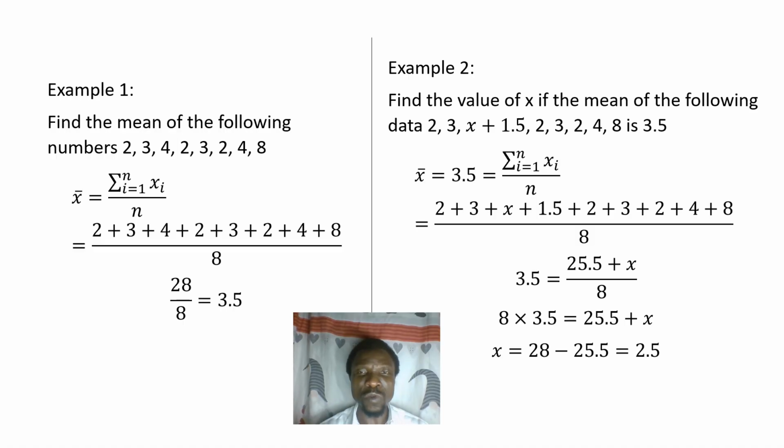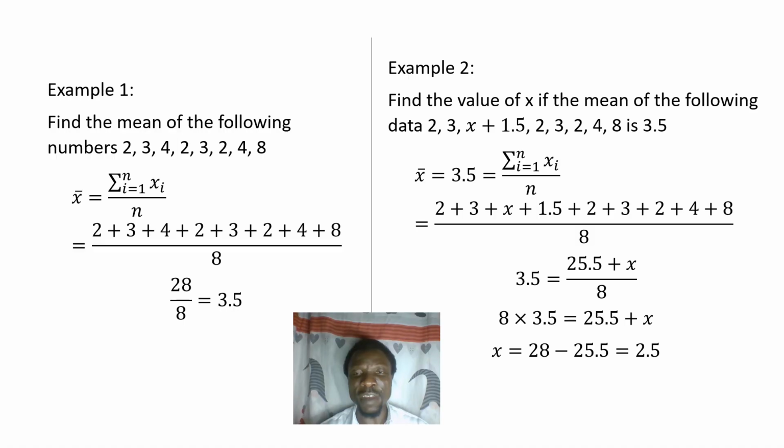In example 2, we see a situation where we have a data set and there is an unknown value, x, which we need to find. Meanwhile, we have been given the average to be 3.5. So all we need to do is substitute that 3.5 into our formula, and then solve for x. That means 3.5 equals 2 plus 3 plus x plus 1.5 plus 2 plus 3 plus 2 plus 4 plus 8 all over 8.